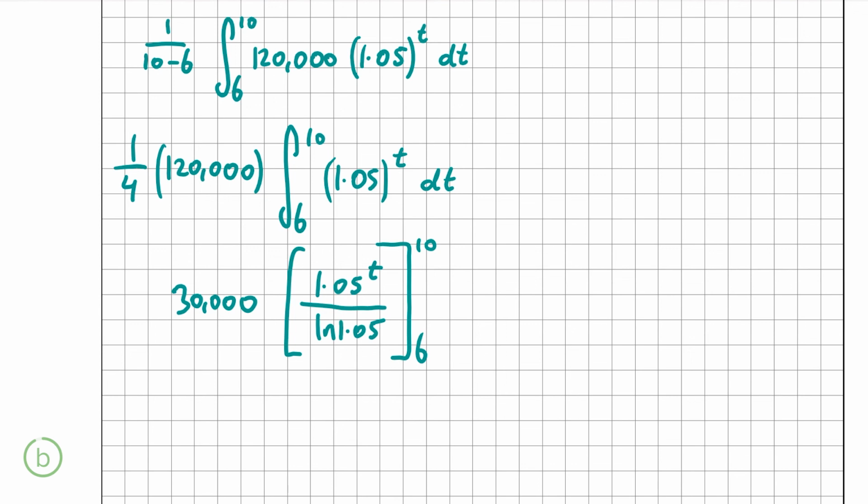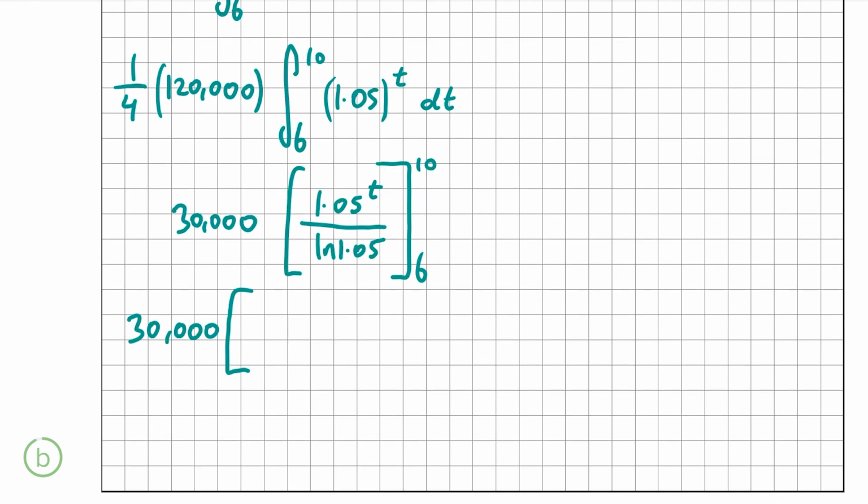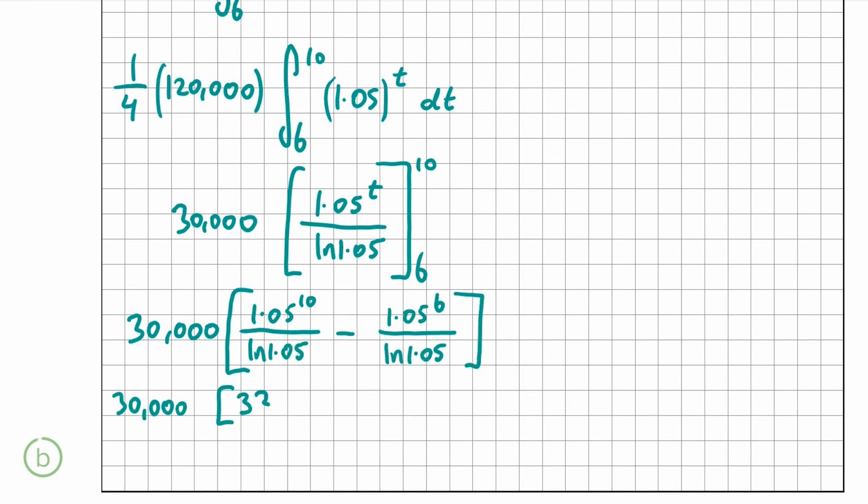So now I have to pop in 10 for t and 6 for t and take these away from each other, then multiply my answer by 30,000. So 1.05 to the power of 10 divided by ln of 1.05 is 33.385717, and taken away from that is 1.05 to the power of 6 over ln of 1.05, which is equal to 27.466512.